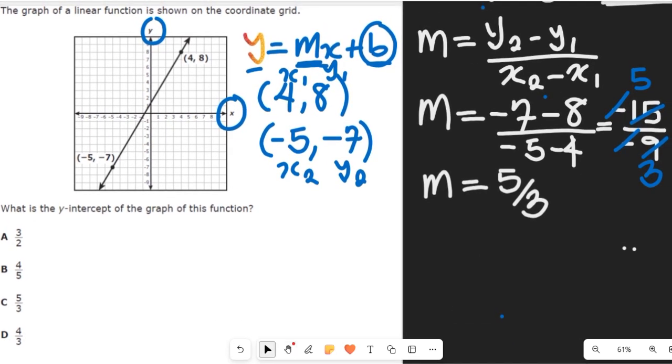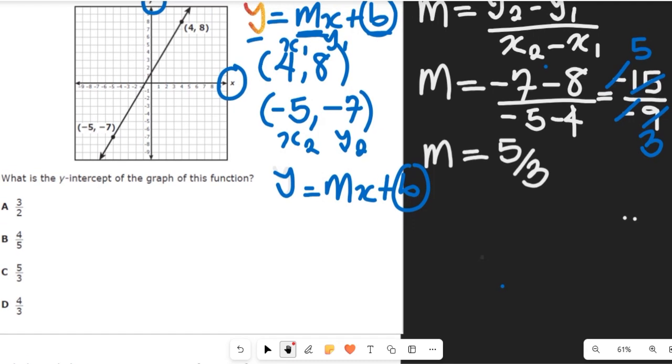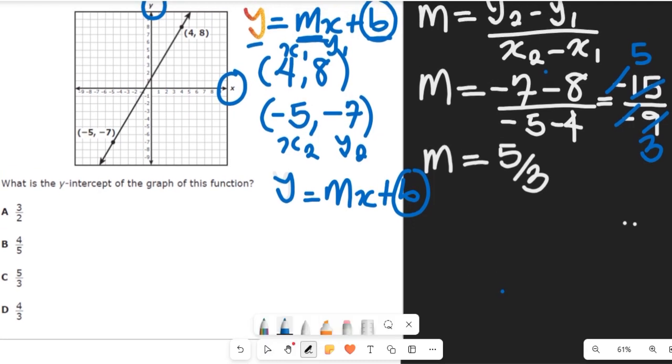Now using any of those points, remember y is equal to the slope multiplied by x plus the intercept, right? And we are looking for the intercept. Now let's use any of the points given to us. We are going to first use the point (4, 8).